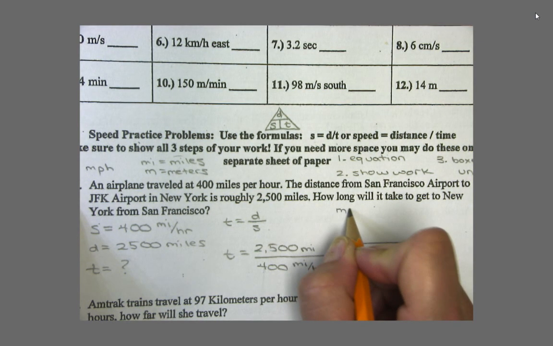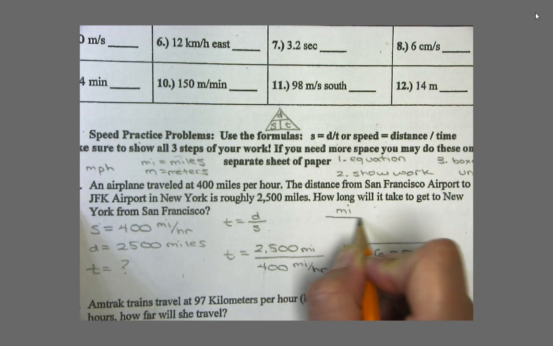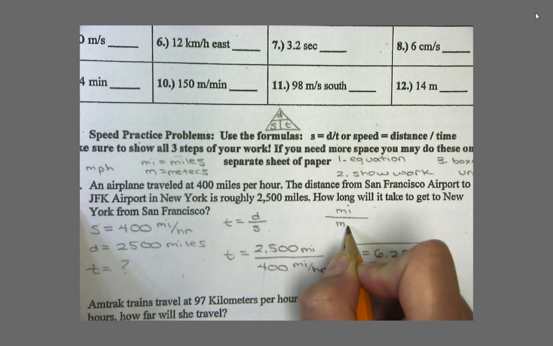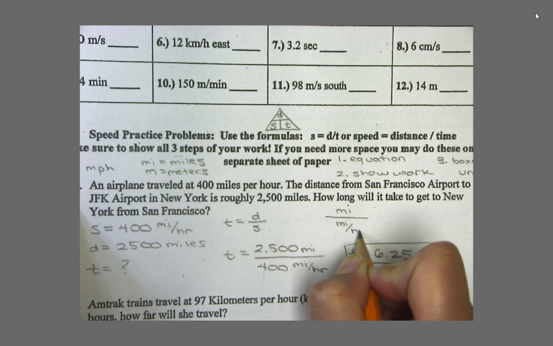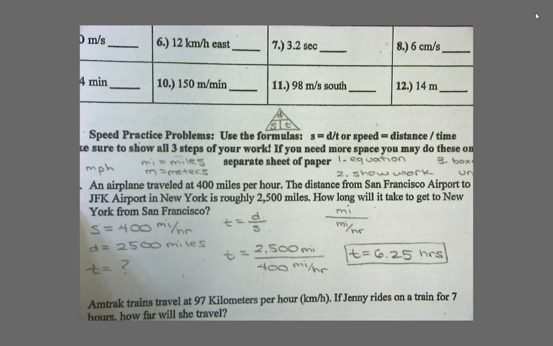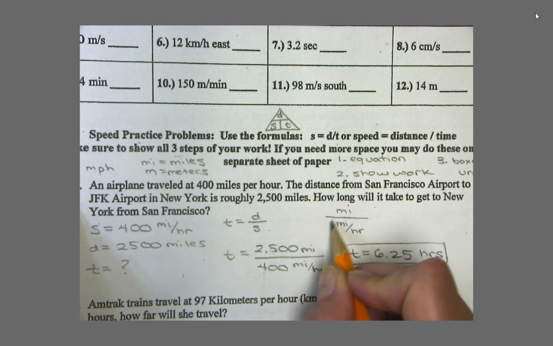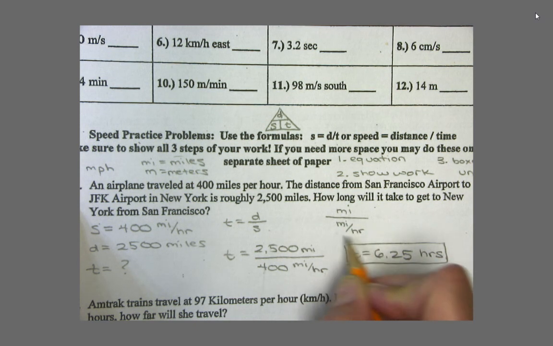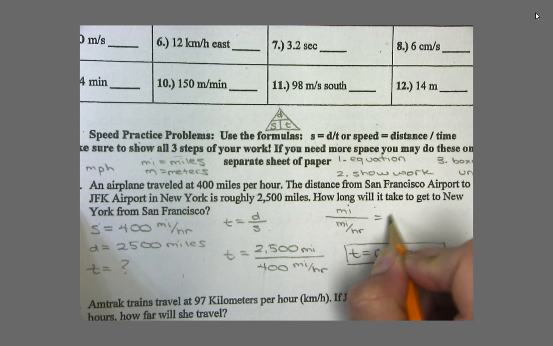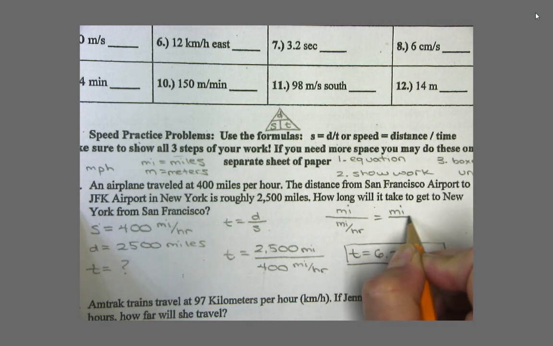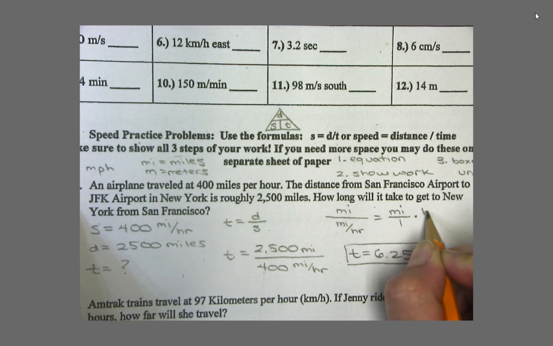Because if I have miles and it's divided by miles per hour, this one's not the best example, but if I had this equation, I would have to take this and multiply it by the reciprocal. So it would be miles over 1 times hours over miles.